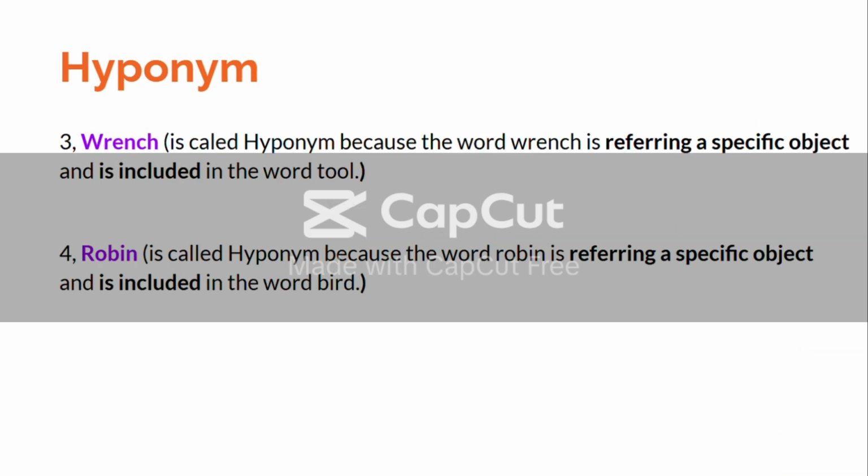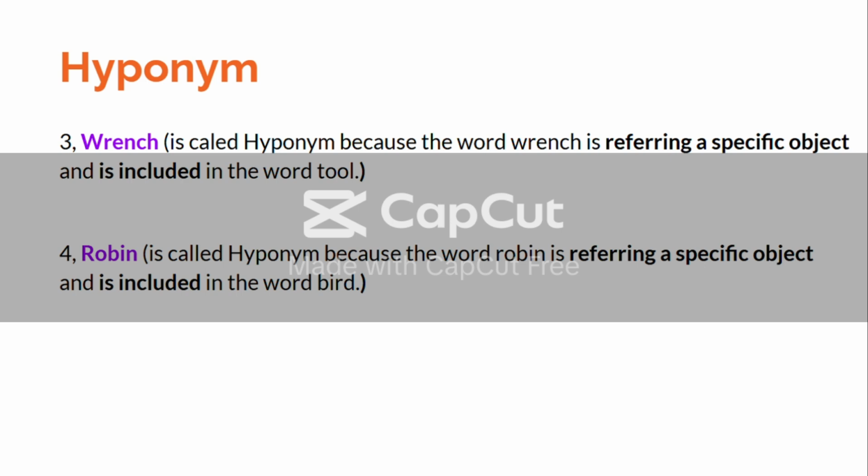Let's look at the third one, the word orange. The word orange is called hyponym because the word orange is referring to a specific object, and the meaning of the word orange is included in the meaning of the word tree. So the word orange is a hyponym.